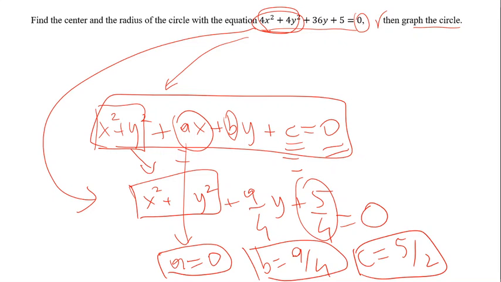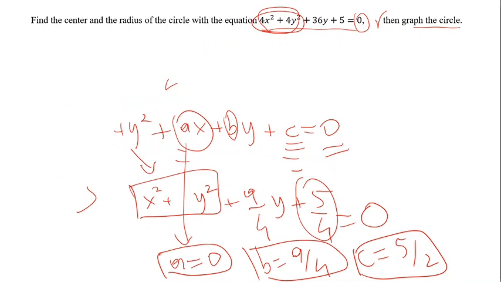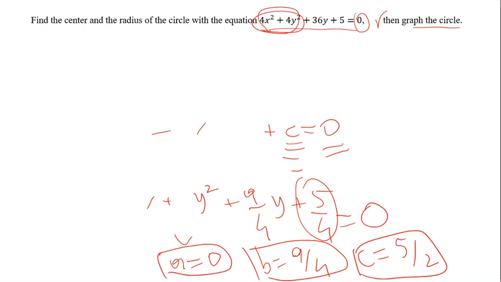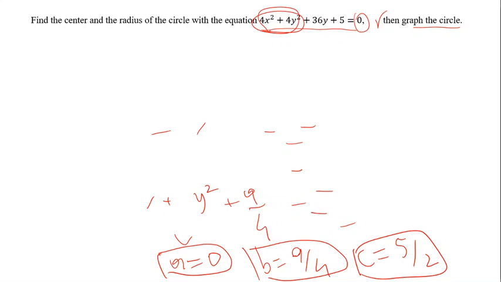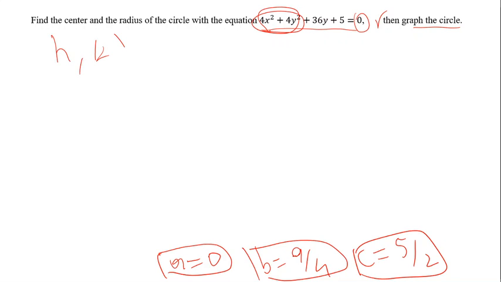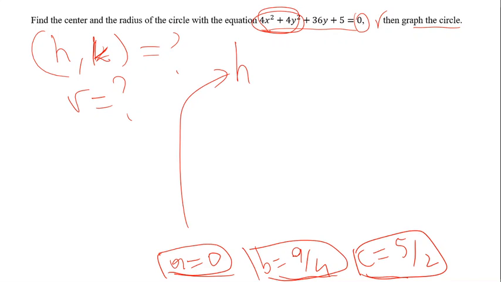Now, after this, you have to find the center and the radius. So how can you write the center and the radius from A, B, C? You can write the center, okay, H, K, and the radius. If the general form is given, if A, B, C is given, you can find H as minus A over 2, which means minus 0 over 2, which is 0.